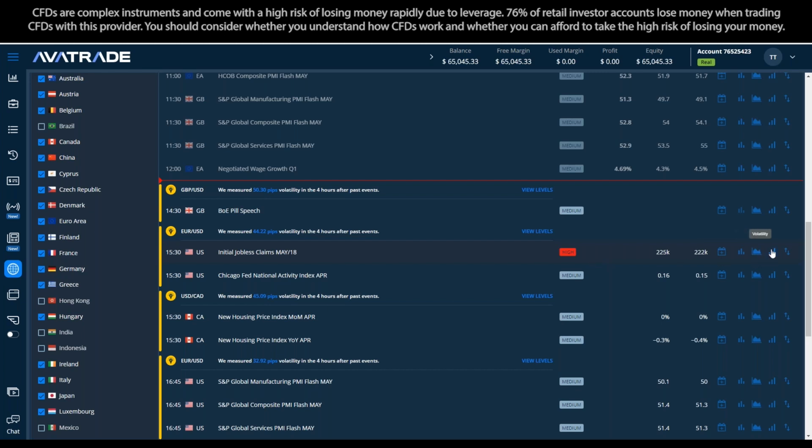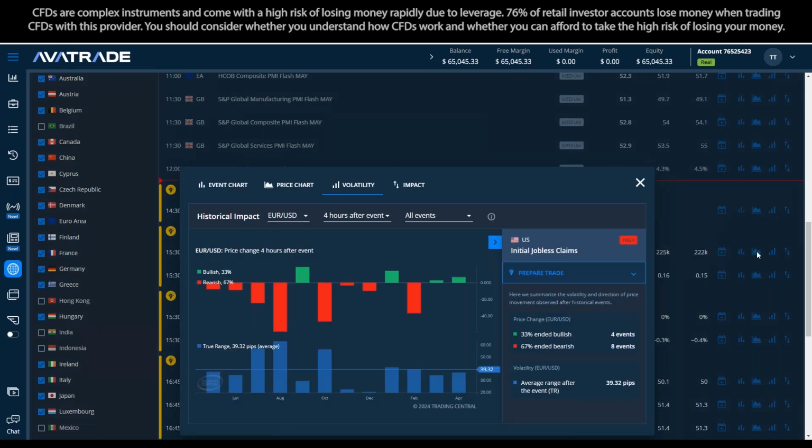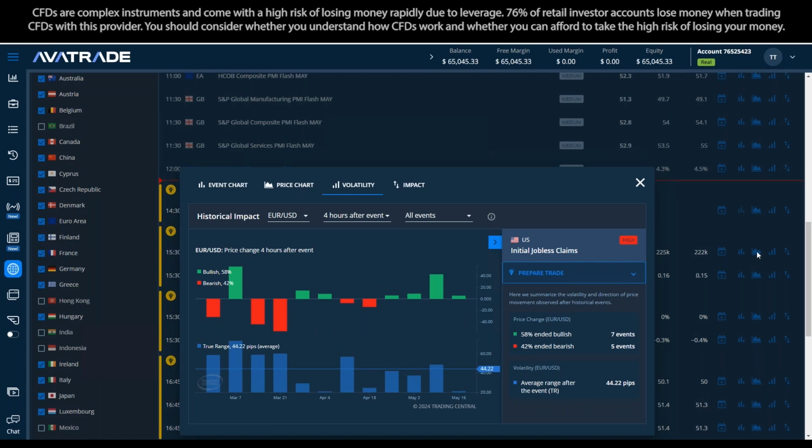Okay, and so if we click on this tool for the economic calendar, we can see, has this been the case in the past? What has happened if these numbers come in higher than expected or lower than expected? And so we can take whatever currency pair we want. We can put whatever length of time we want out of this list after those announcements to analyze. And if we look at all the events, they're all mixed together: better than expected, worse than expected, as expected.